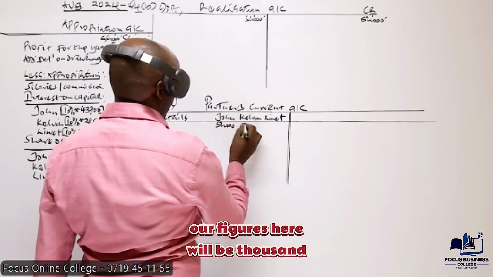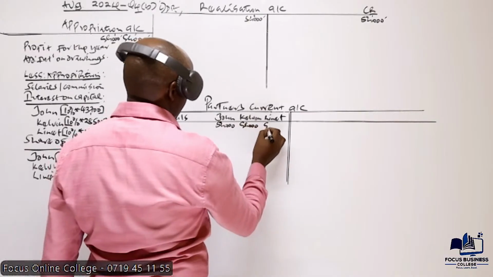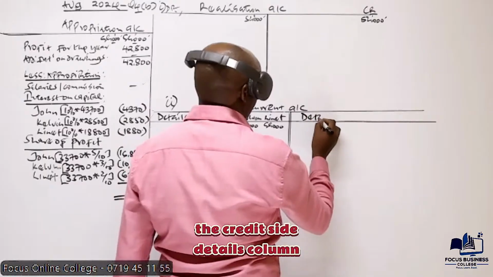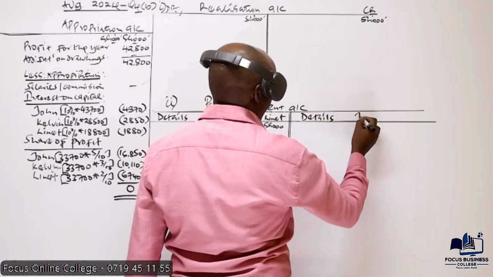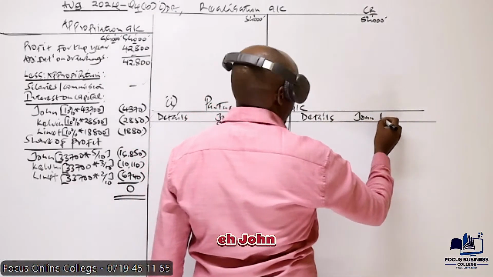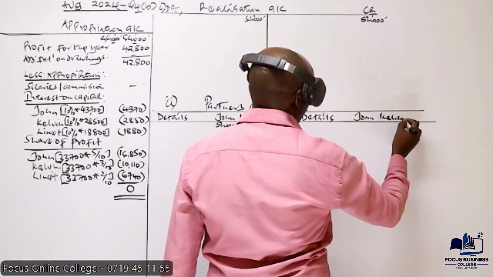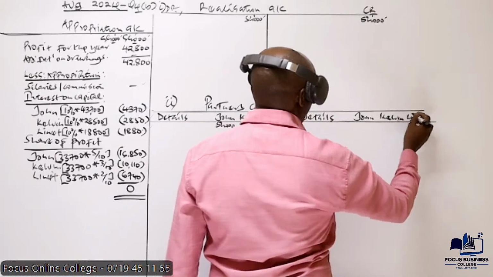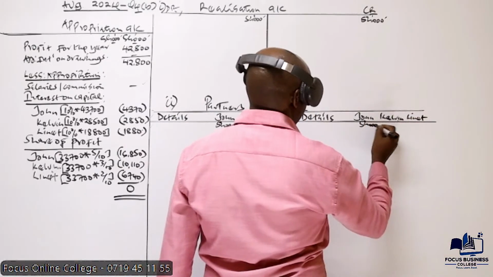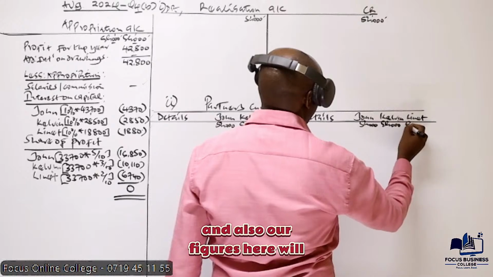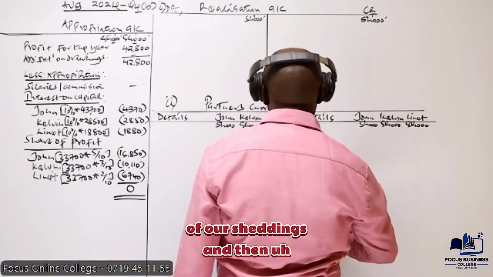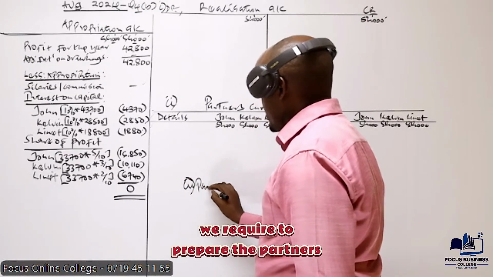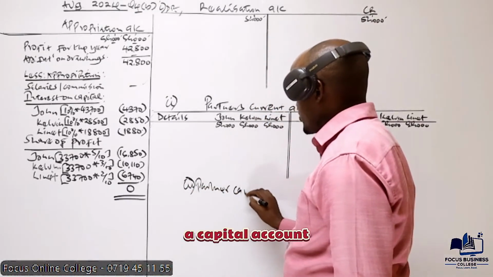Our figures here will be in 1,000 of shillings. We do the same on the credit side: details column, John, Kelvin, and Lynette, with figures in 1,000 of shillings.